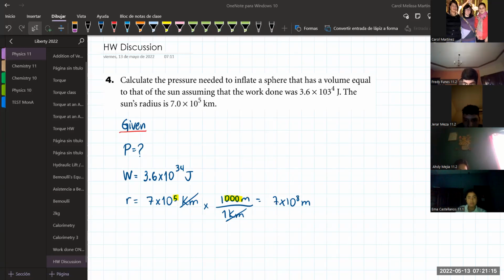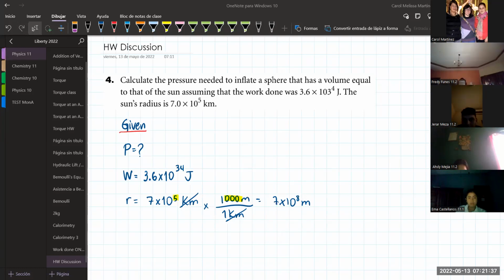Because it is a sphere, it has a specific formula to calculate its volume. Remember that in this topic, we're going to need to get the volume out of somewhere, okay? So there are many ways to get volume. You're going to use the one according to your needs, okay?